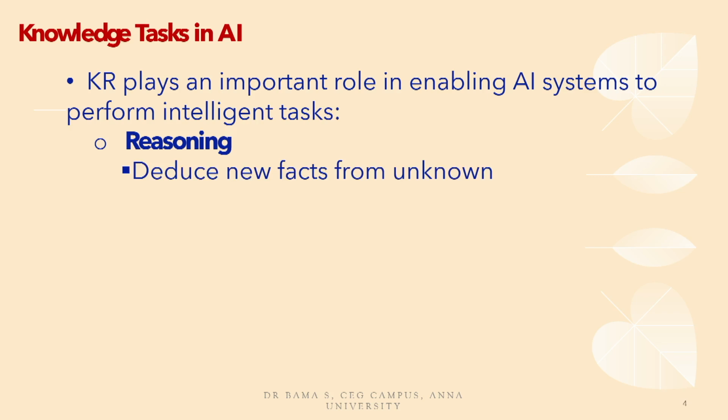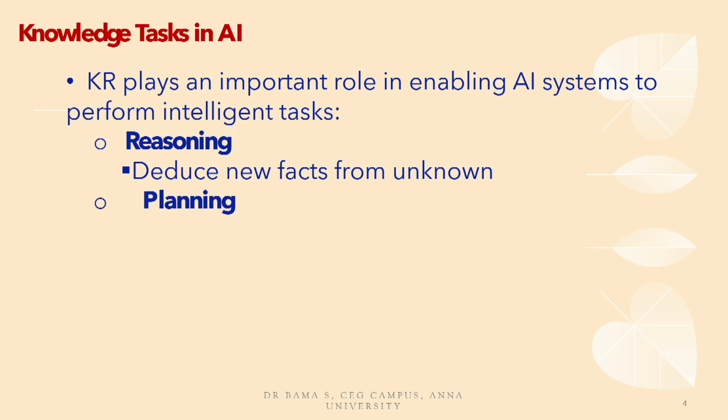There we had new facts, and from the facts we are going to conclude what is unknown from the known. Deducing the fact is an essential part of reasoning, and this reasoning will come from the logic side.